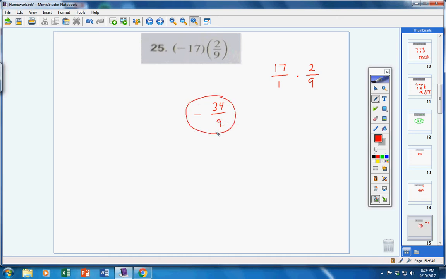Now, that's a fine answer. If you want to change this to a mixed number, 9 goes into 34 3 times with a remainder of 7, which goes over the 9. So negative 3 and 7 ninths.